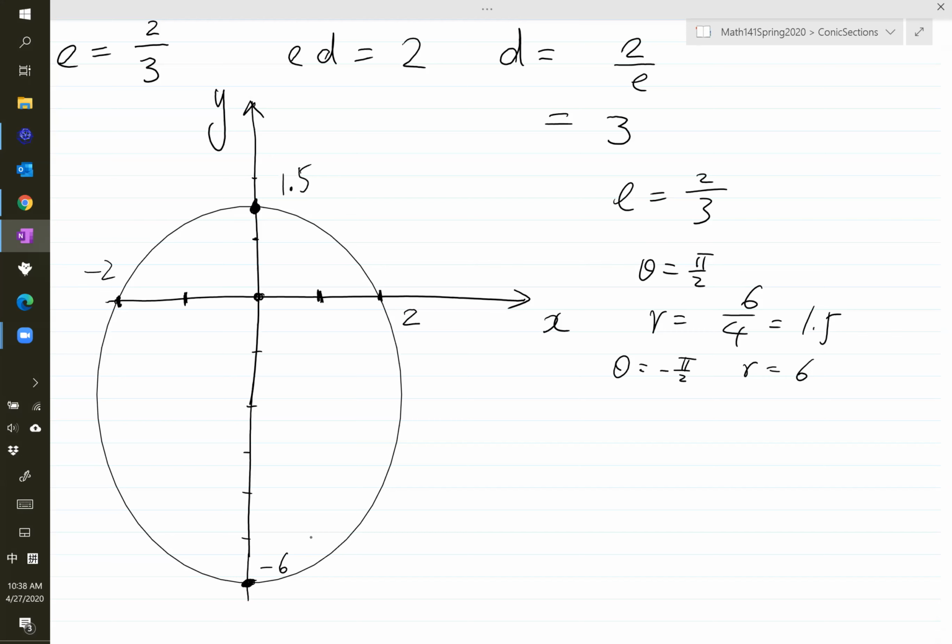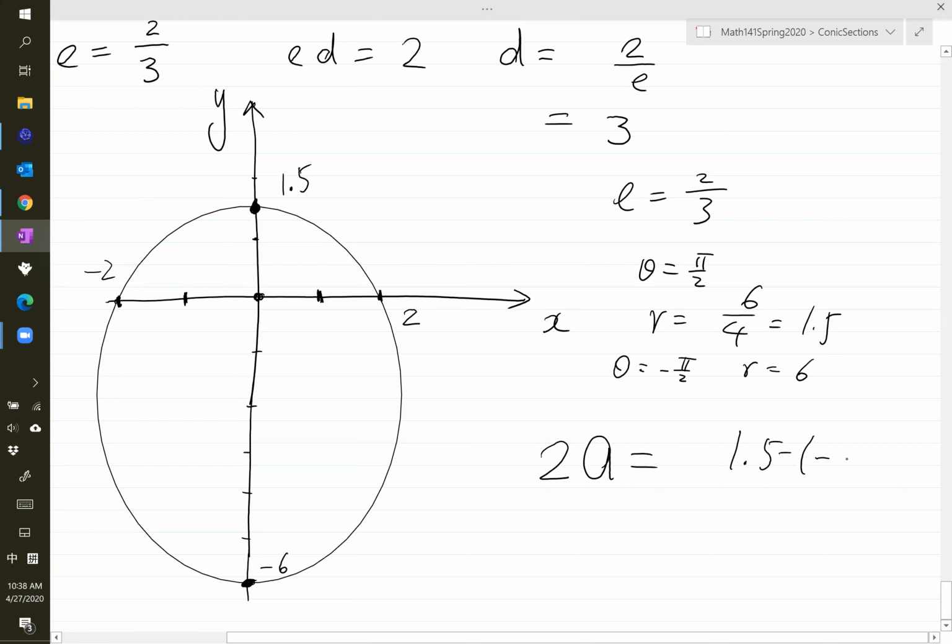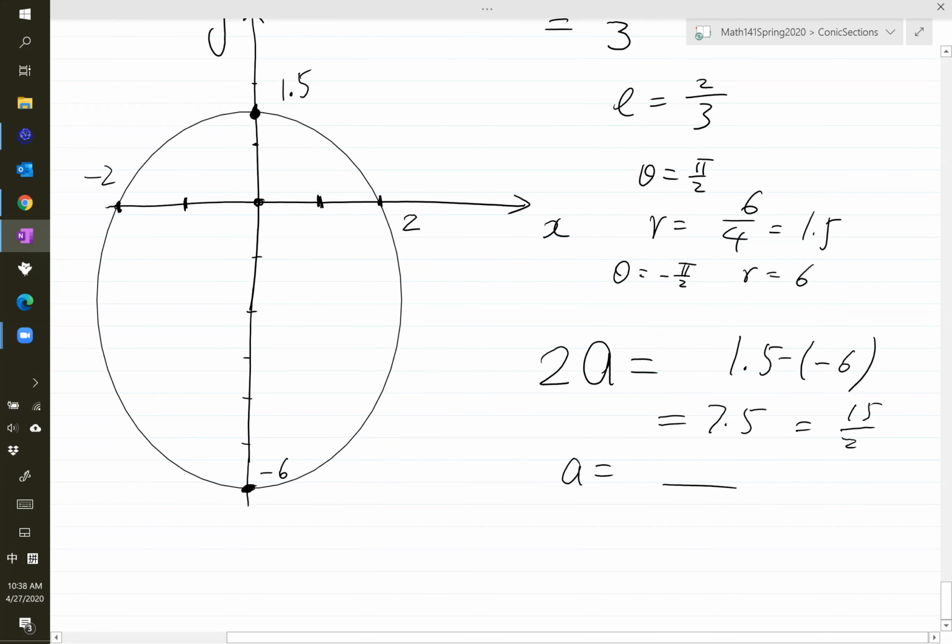So what is A? How do we find it? 2A is the longest axis: 1.5 and -6, so 1.5 minus -6 is 7.5. So 2A is 15/2, and A is 15/4.